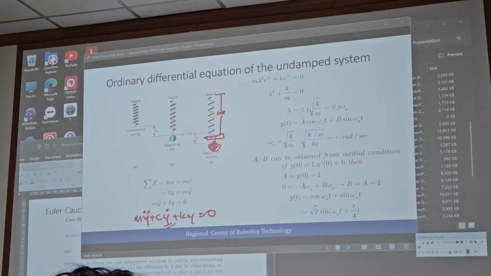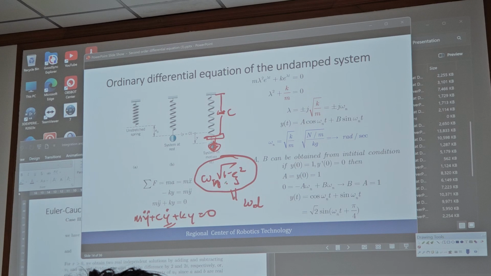You have this term added to this term, and we also add y minus psi square. This one we call omega d.